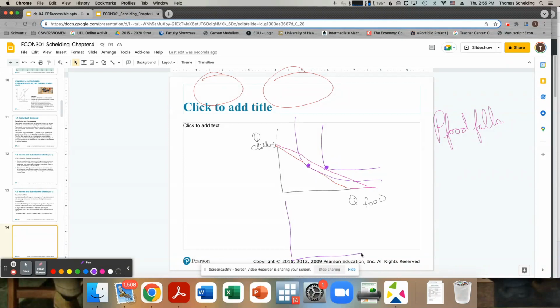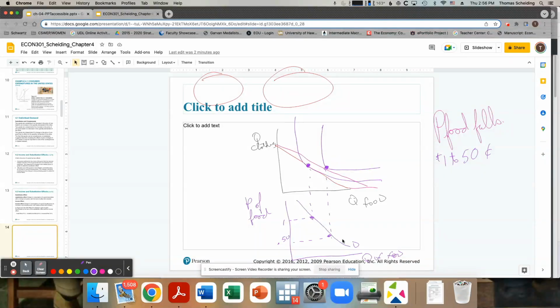We could draw the drop-down graph here and have quantity of food, price of food, and if it went from $1 to 50 cents, we could just connect the dots, and you would have that demand curve. Nothing too surprising here.